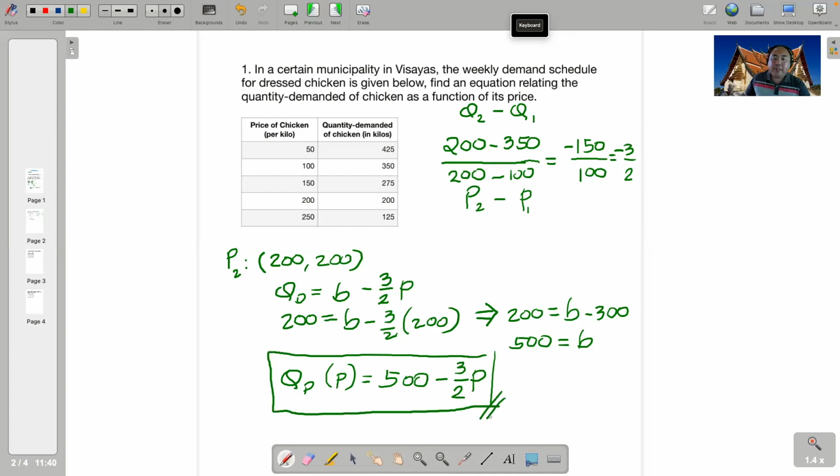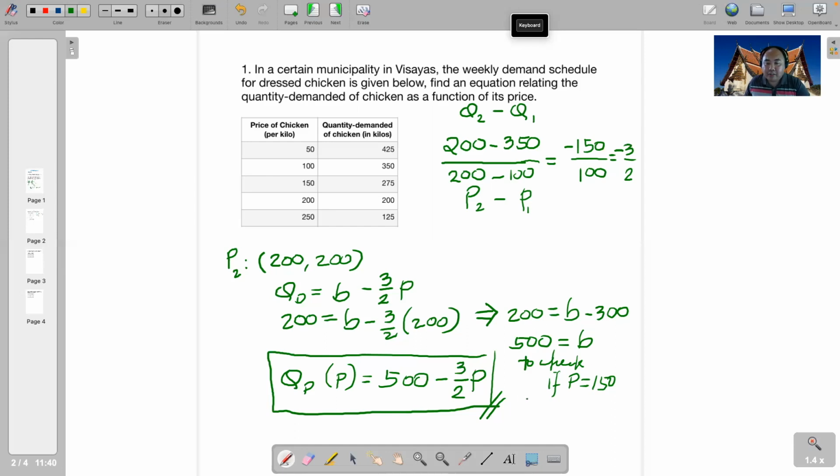If you want, you may check occasionally. So for example, let's check using 150. If P is 150, that's going to be 75 times 3, that's 225.